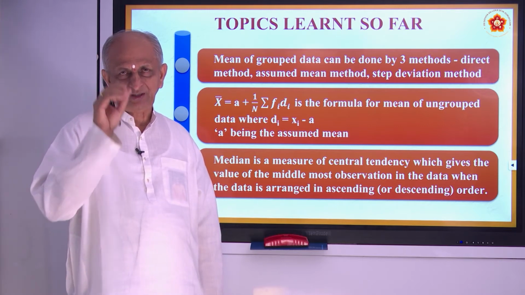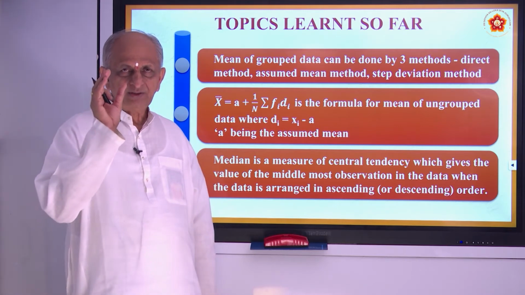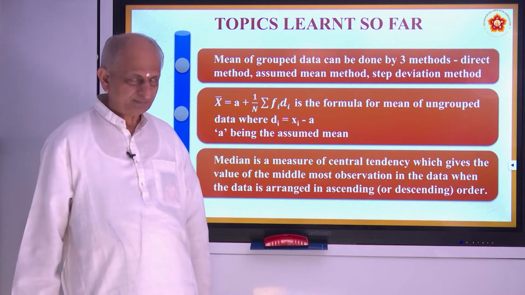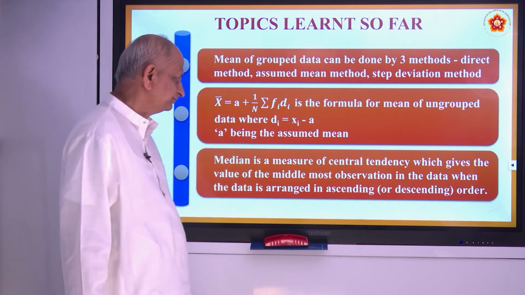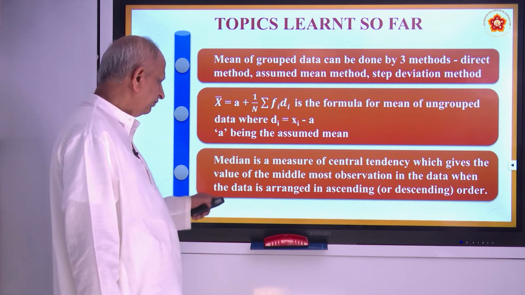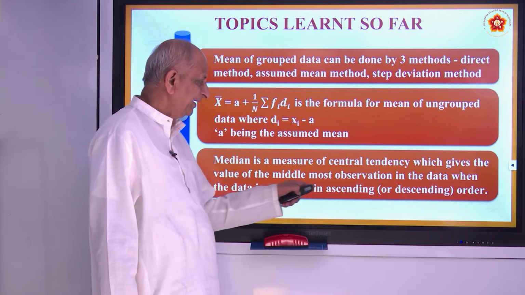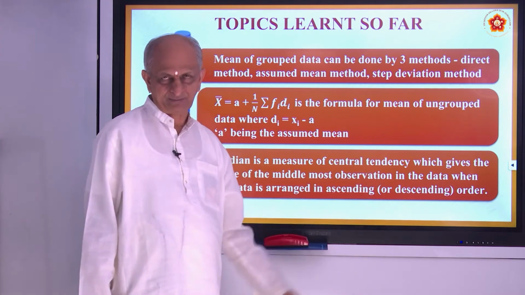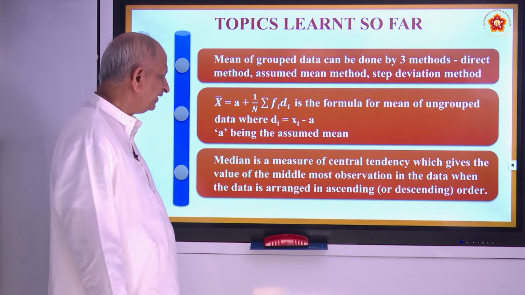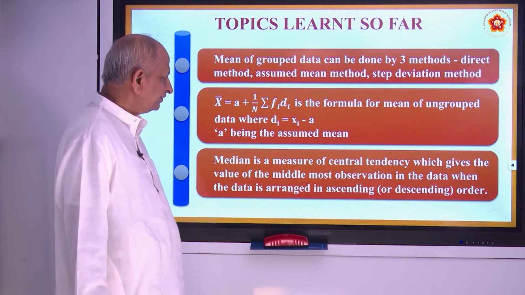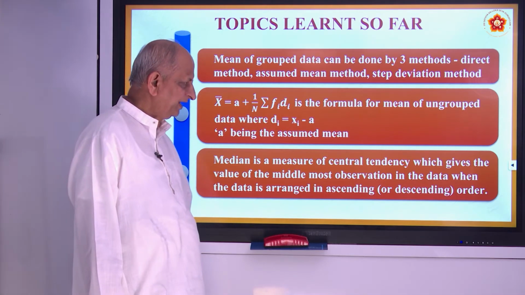Then 3 is called the median because the number of observations is odd. So it is the middlemost observation, and only when the data is arranged in ascending or descending order. You should not take it directly. You should take the ascending or descending order. These are all the things we have seen in your previous classes.